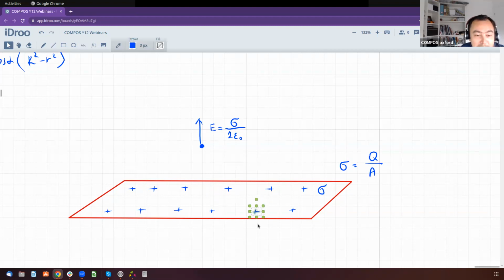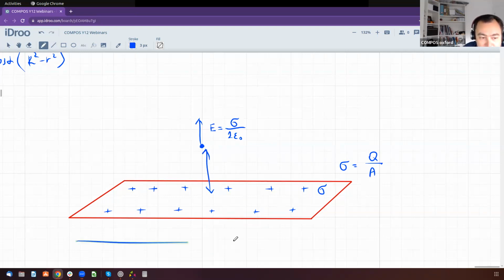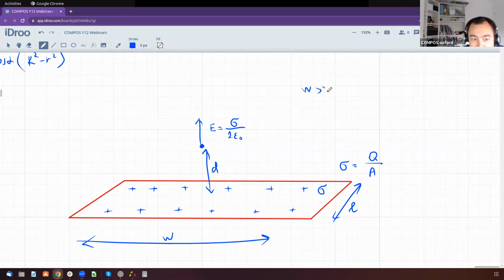If it's an infinite plane. Well, this formula works as long as the dimensions, so the length and width of the plane, are much larger than the distance to that plane. So if this is the width of the plane, and this is the length of the plane, and this is d, the distance to the plane, we say that width is many times larger than d, and L is also many times larger than d.